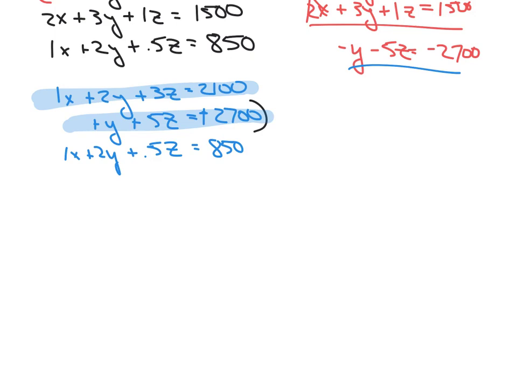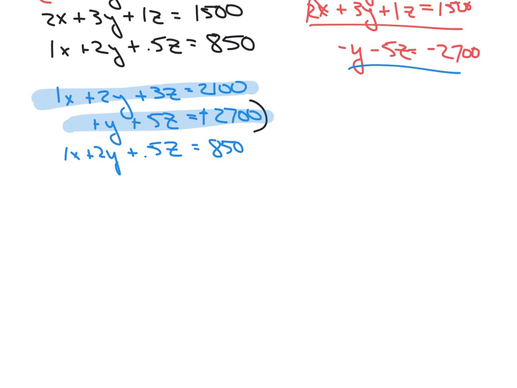Okay? So now what we need to do is we need to get rid of this and rid of this. Well, how can we get rid of this? We have to use this equation because it's the only one left with a y value. Okay, so we're going to multiply this top here by negative 1 and add it to that.